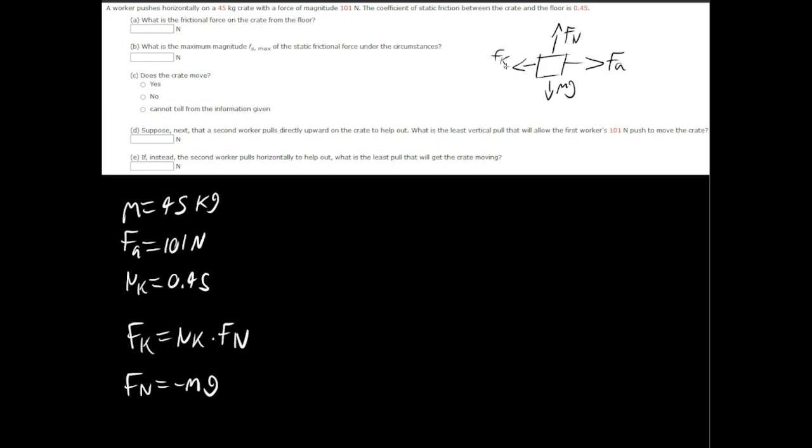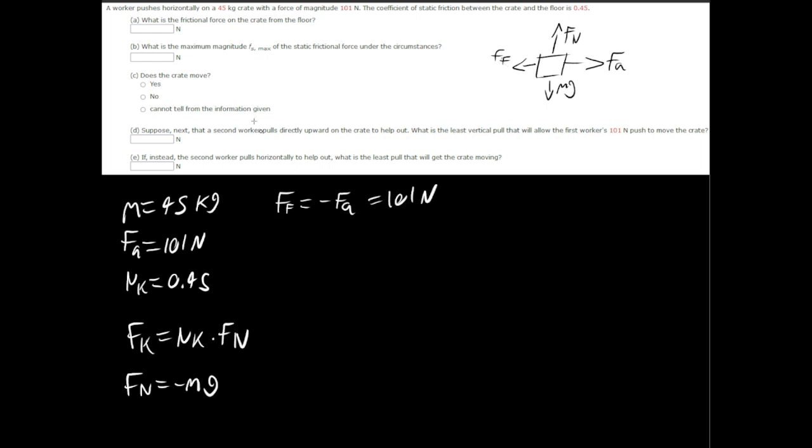This is a frictional force, FF. And it's just going to be minus FA. So the frictional force is going to be negative FA, or actually, because the box is moving this way, it would be the opposite of that. It would be the negative of frictional force is FA.